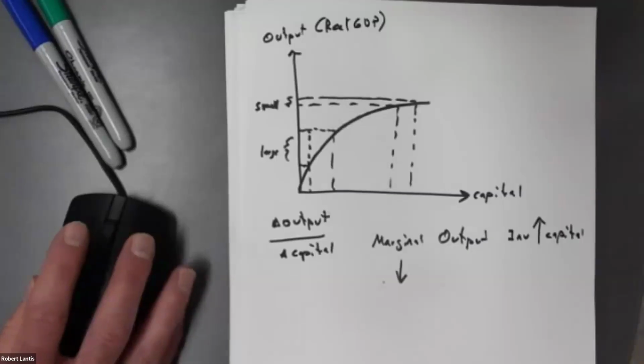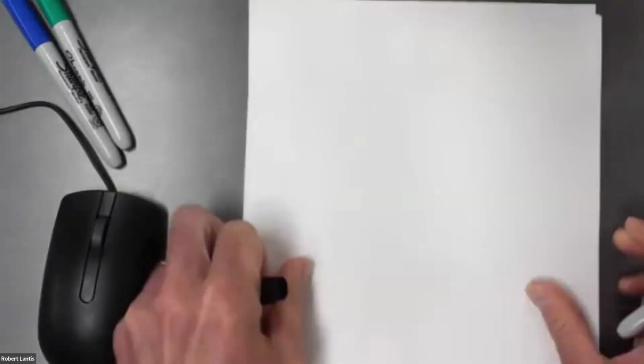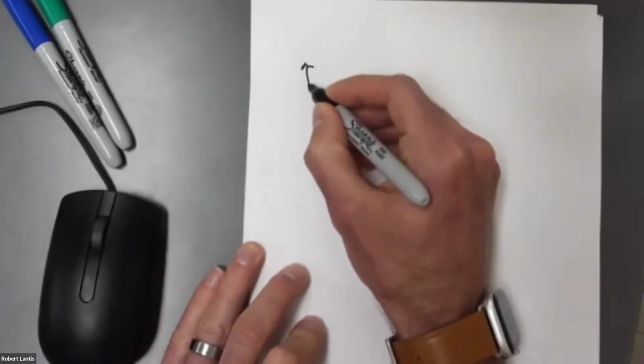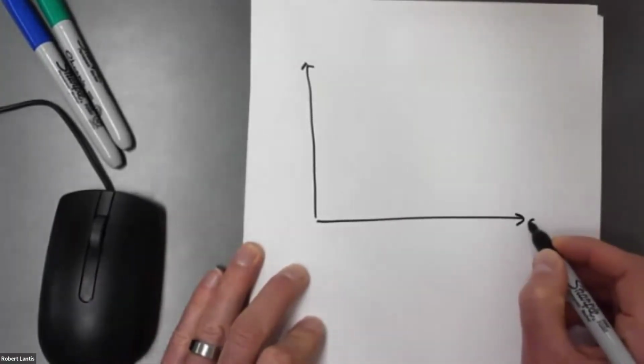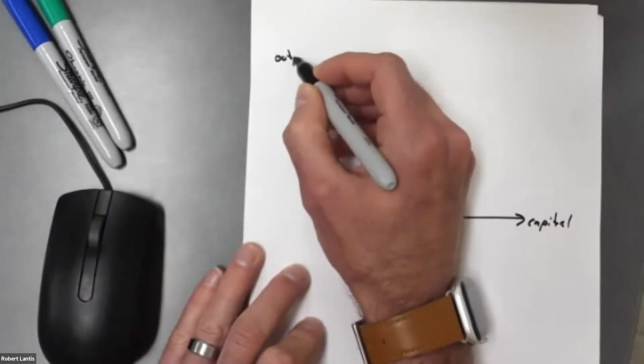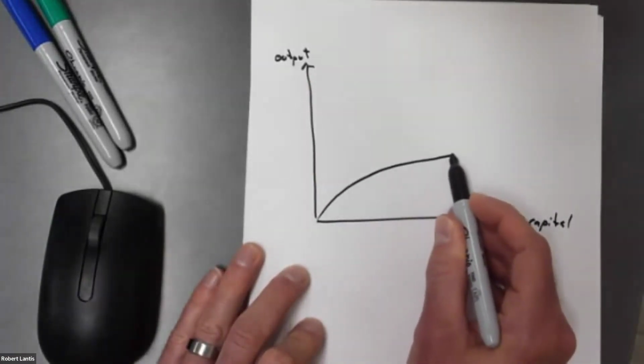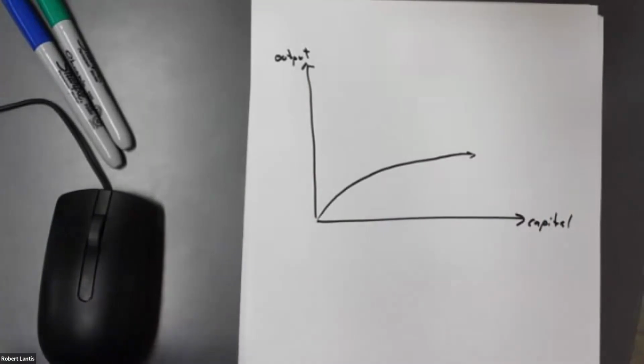Now, I'm going to draw this out. I had this in the slides, but it's kind of hard to see that change. So I'm going to draw it out more dramatically to really hit this point home. Here's my capital, here's my output. Let's assume that initially, here was my production function.